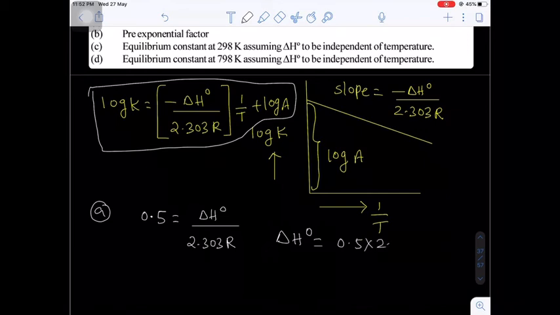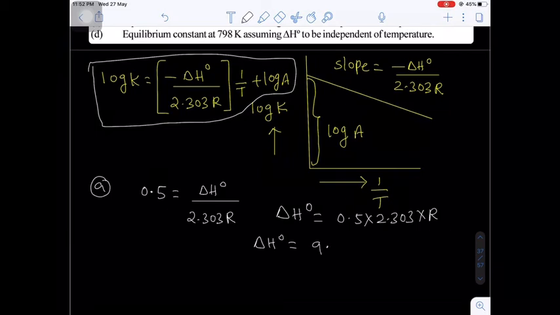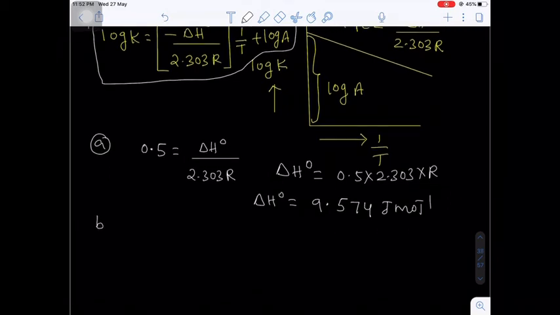Delta H naught is equal to 0.5 multiplied by 2.303 multiplied by capital R. So delta H naught is finally 9.574 joule per mole.